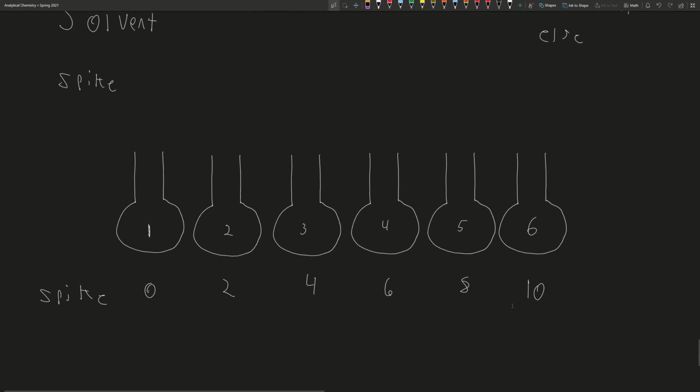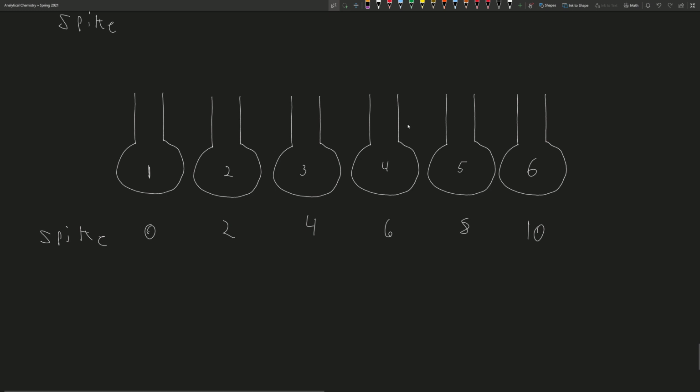The spike is going to be some concentration that we created. How are we going to do this? We are going to create a stock solution of analyte, let's say 100 millimolar. And that's what the spike is going to be.